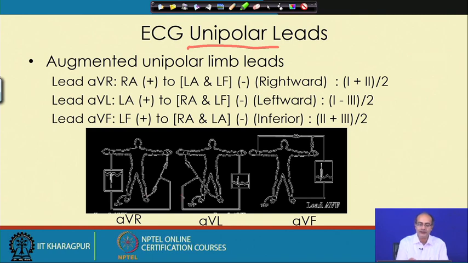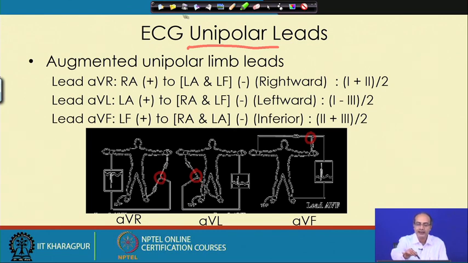In all the three pictures you can see that two leads are connected through two resistances. In between, the resistance is center tapped and we take the reference here. In the next case, here is the reference point. Because there is no single point as a reference which is connected to the body, it is called a unipolar lead connection.